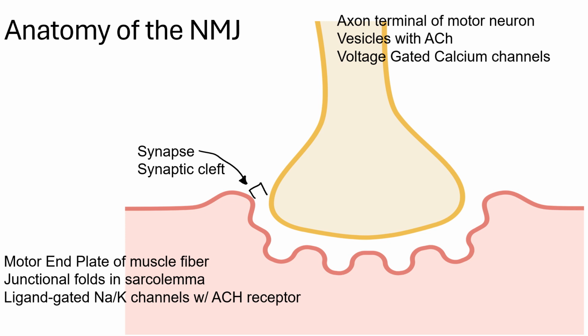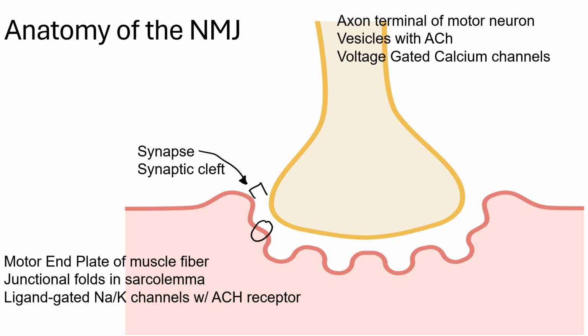Of course, as with any wavy border, these folds increase the surface area of the sarcolemma at this motor end plate. And increasing the surface area allows for faster transmission of the action potential from the neuron to the muscle fiber.